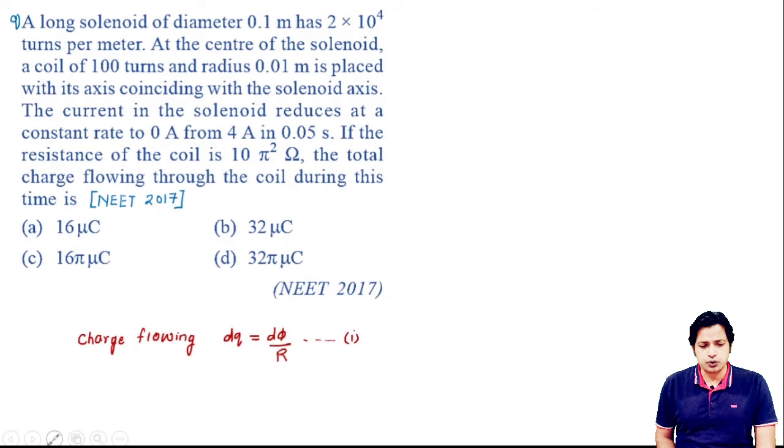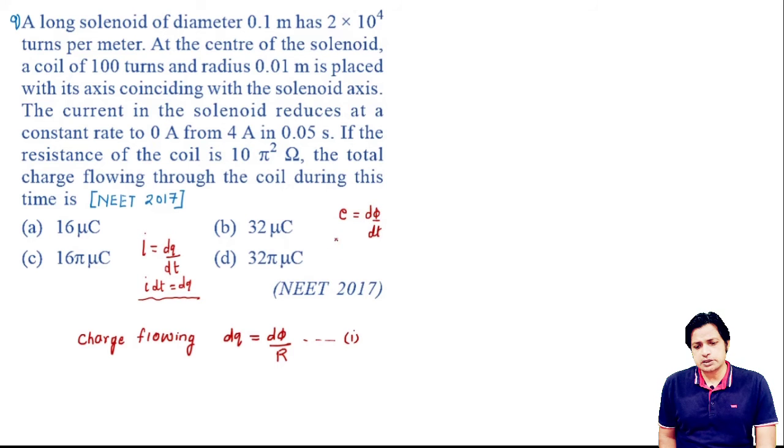And those who don't know, for them I can write here. We know I is equal to dq by dt, but I dt is equal to dq. So this is what you should know, that I dt can be written as dq. Now E is equal to d phi by dt. We know this.